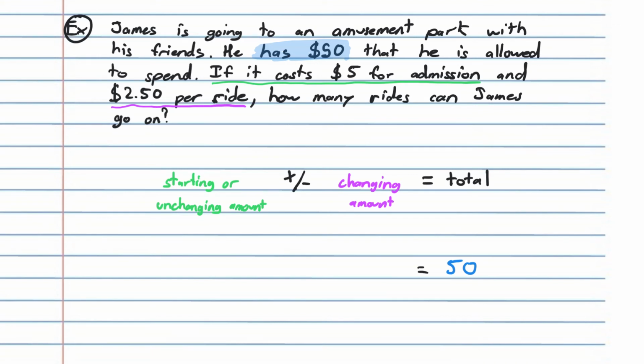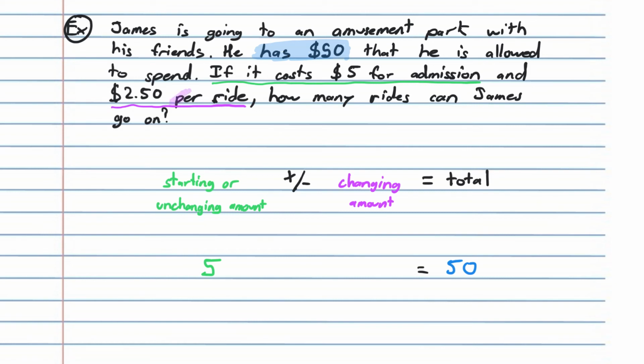Okay, I've already color coded these. The $5 for admission, remember, is the part that's not changing. Regardless of who comes in, it's $5 just to get in the door. So that's a flat cost, a flat fee. So we know it's 5. The part that changes is the number of rides he goes on. It's $2.50 per ride. That phrase right here, I'm going to highlight in purple.